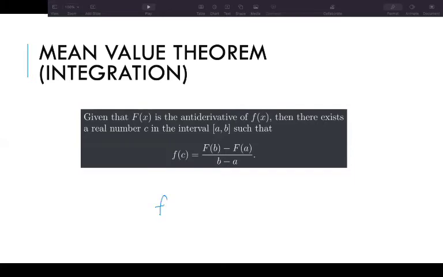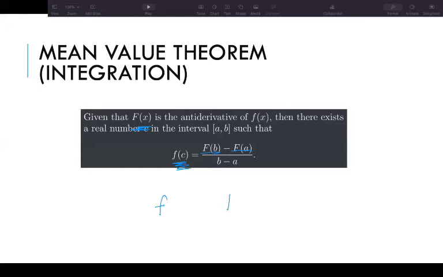So as we can see, we have here f of c, which is the original function, then F of b or F of a, the capital F refers to the antiderivative or the integral of f of x. So we still have the same form, but this time it's the function that has the c in it.